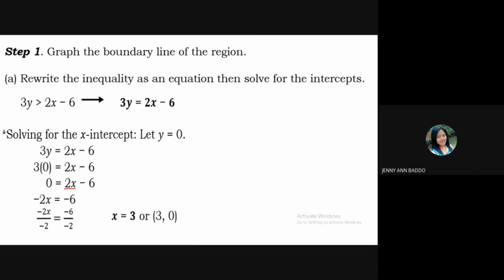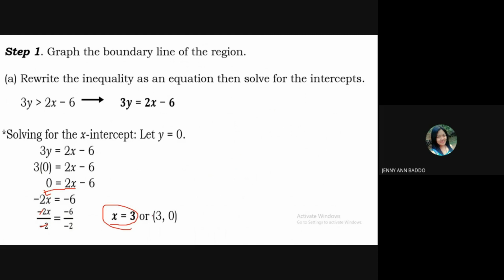Transpose 2x from right to left, so it becomes negative 2x equals negative 6. To solve for x, we divide both sides of the equation by negative 2. What we have on the right side is negative 6 divided by negative 2, and that is 3.